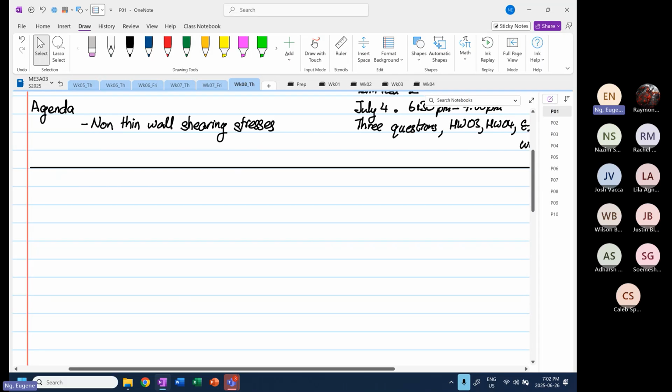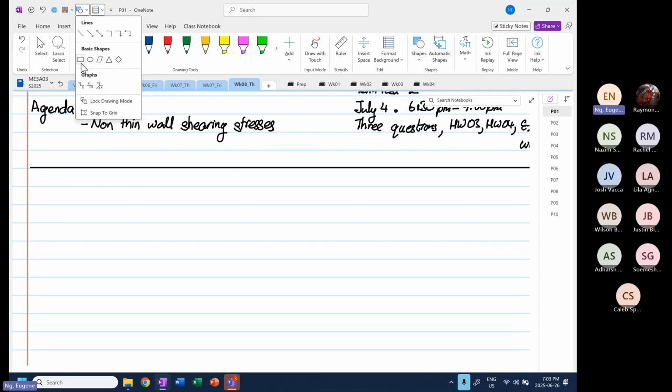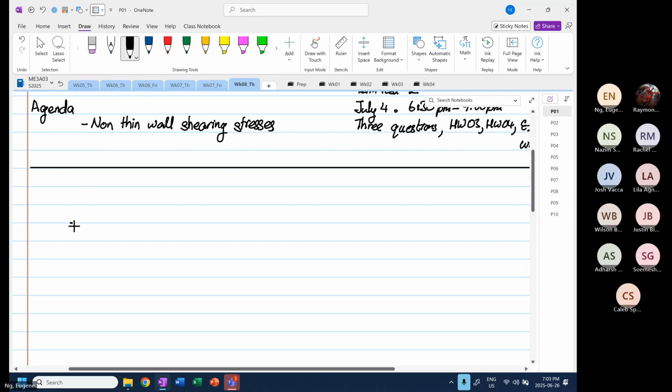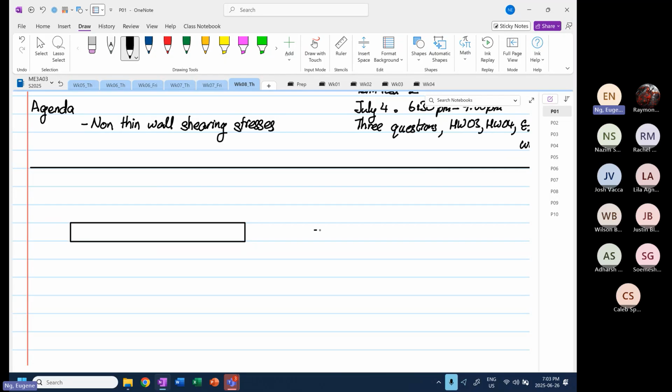So if we have a cantilever beam, okay, so this is our cantilever beam.